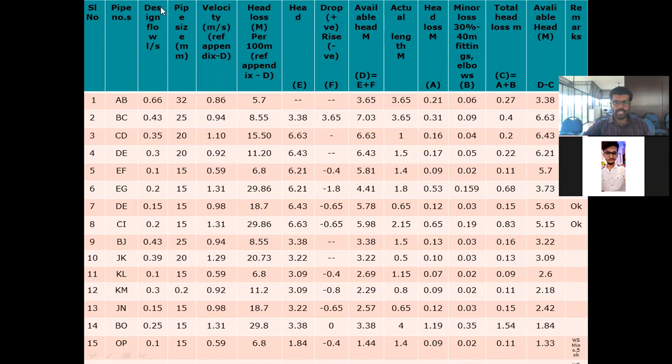Design flow: you can write design flow, or you can write Q, which means discharge, in liters per second. Pipe size, velocity, head loss, head drop, available head, actual length, head loss, minor losses, total head, available head. So these are the things that we need to know.